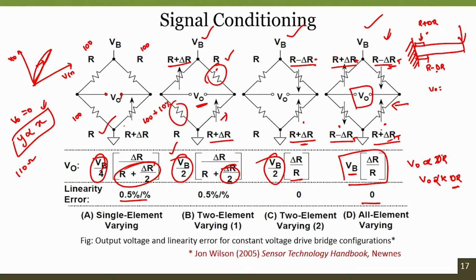That means all resistors will behave as R plus delta R for a temperature change. So when all resistances are R plus delta R, the V naught will be VB by 2 here and VB by 2 here, so V naught is equal to 0. So it compensates for the temperature effects. At the same time, if any physical measurement changes when the force is applied, the output voltage will be linear. This is how the 4 element varying bridges utilizing the Wheatstone bridge configuration work.